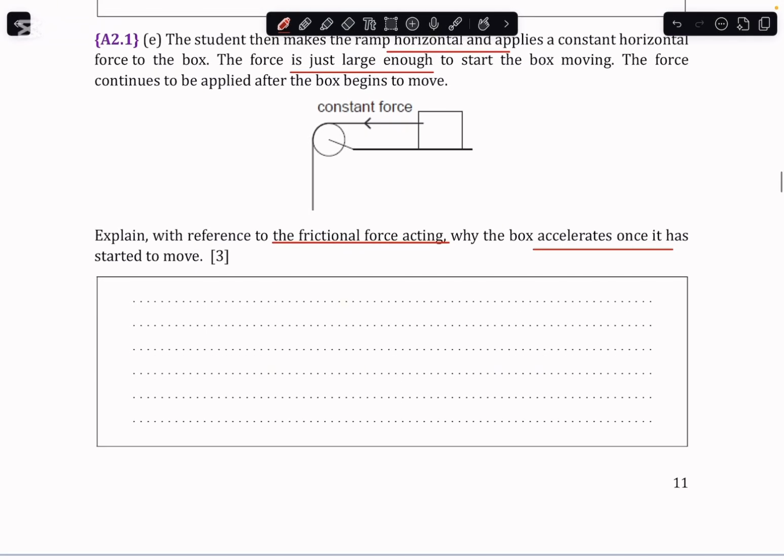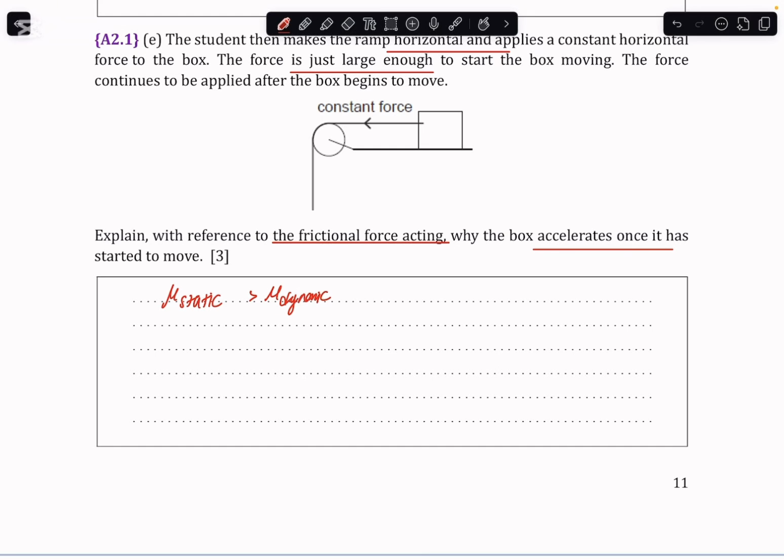So we know that mu static, the coefficient of static friction, is bigger than the coefficient of dynamic friction. What this means is when an object is at rest, it has more contact points with whatever surface it is on.